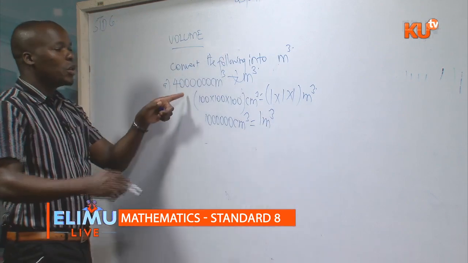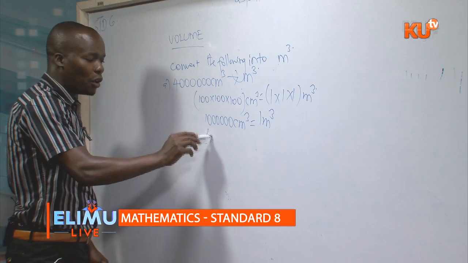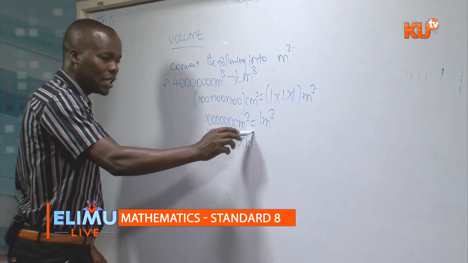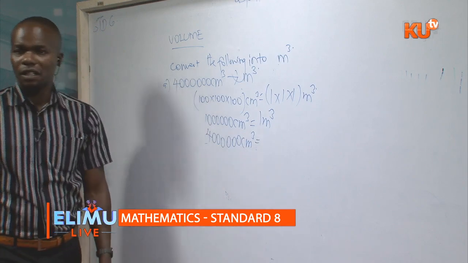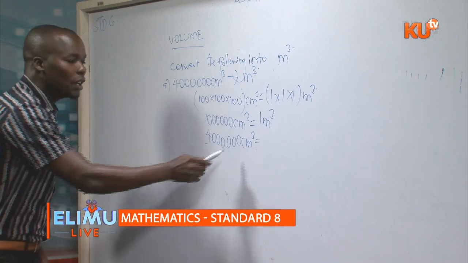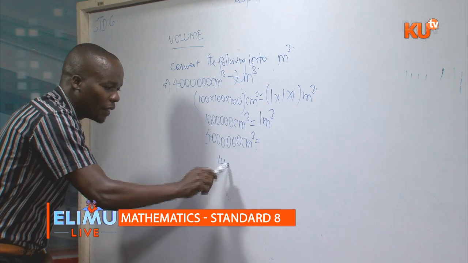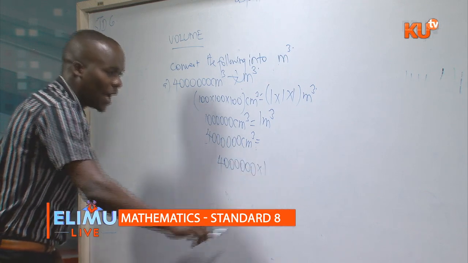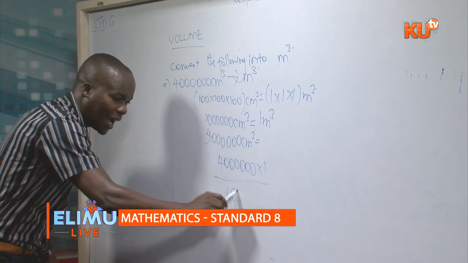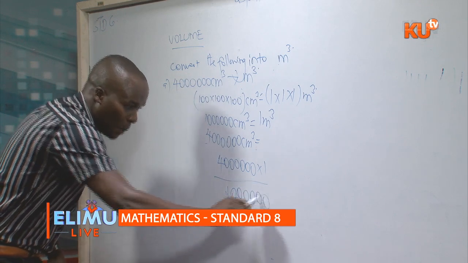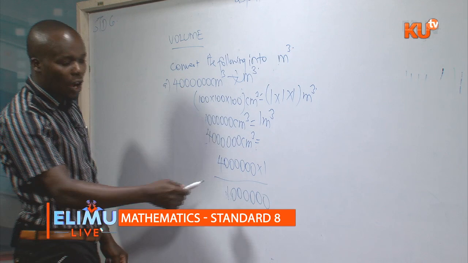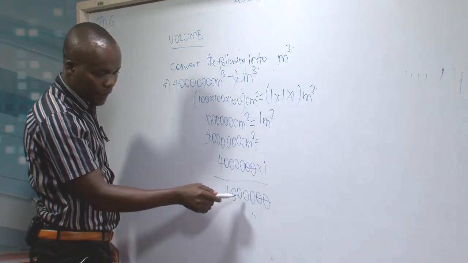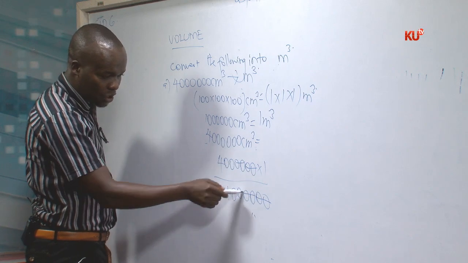Therefore, what about what we are given here? We are given 4 million cubic centimeters. From here, we just say 4 million times 1 over 1 million, and now we cancel the zeros. The first 2 will go, next 2 will go, then last 2 will go.